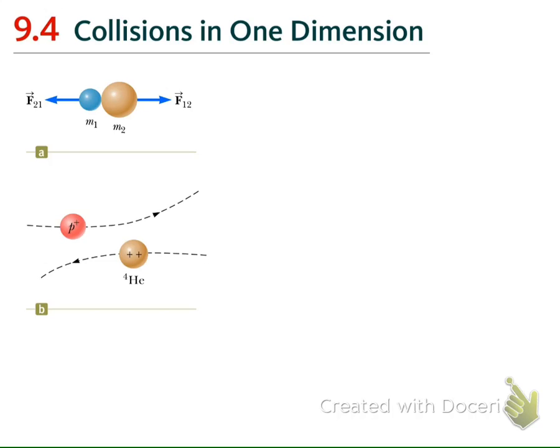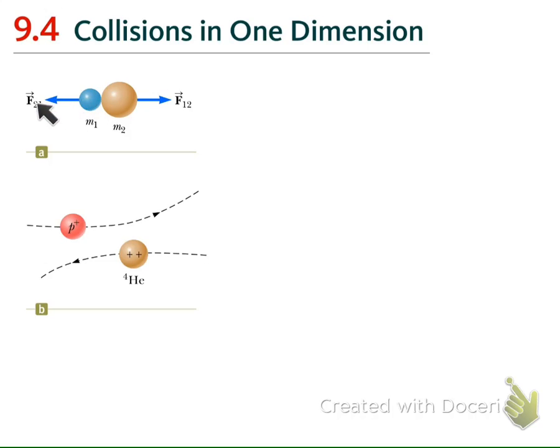A collision may or may not involve physical contact of two objects. For example, in figure A, the masses M1 and M2 come into physical contact, and the contact force is the interaction force between these two masses. This contact force changes the course of motion of the two objects.